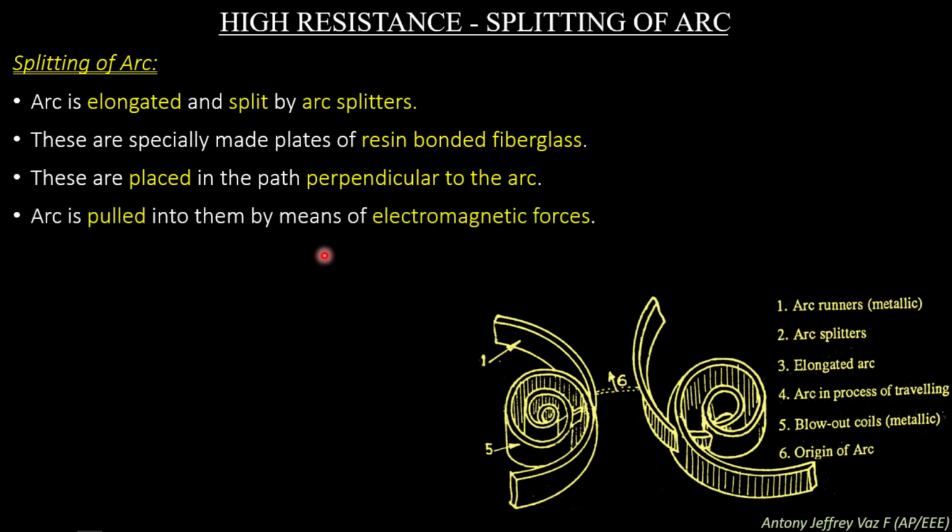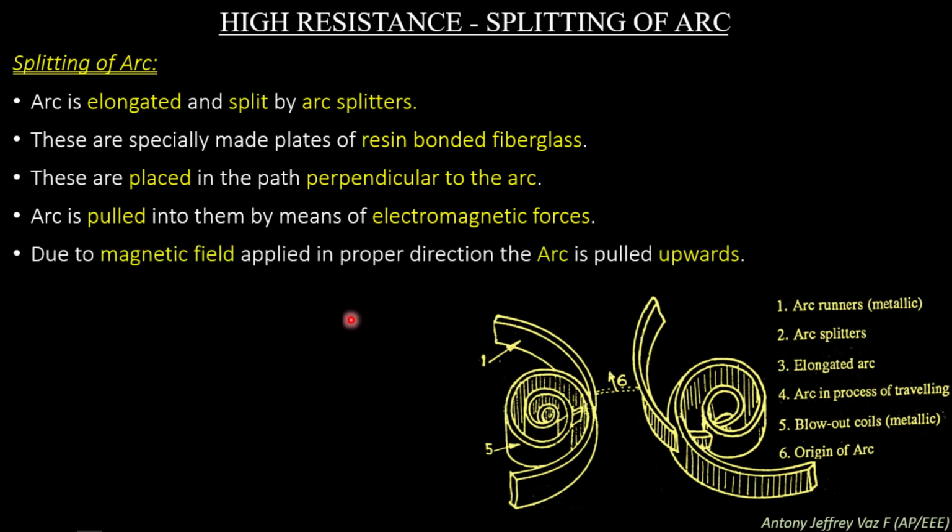The arc is pulled into them by means of electromagnetic forces. These arc splitters employ blowout coils. These blowout coils are electromagnets. These electromagnets will pull the arc when the arc is struck. Due to the magnetic field applied in the proper direction, the arc is pulled upwards.